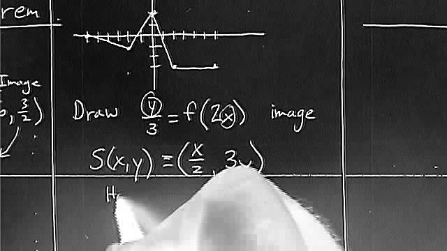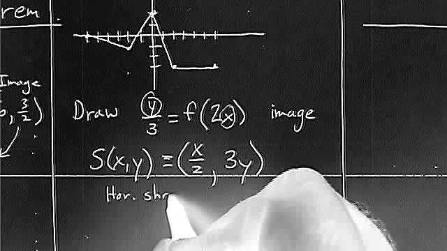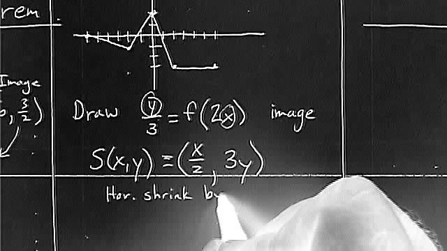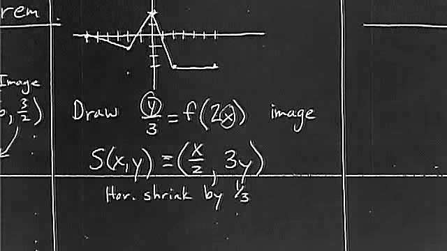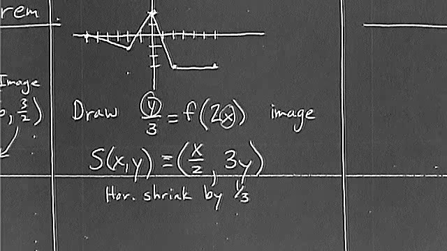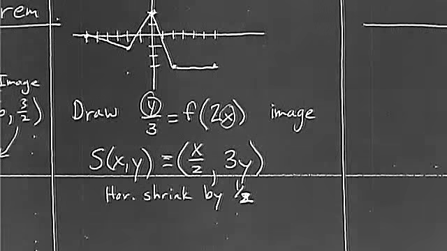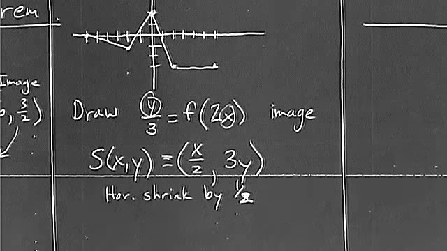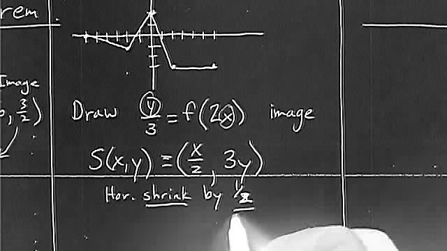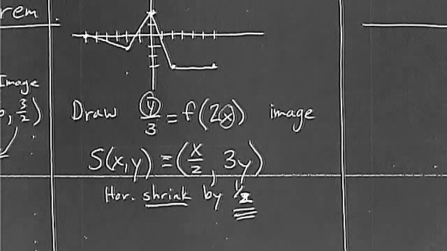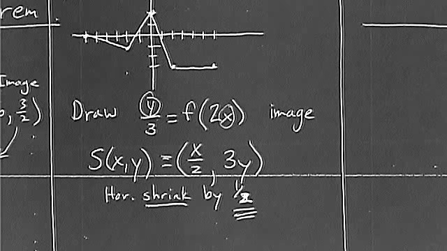So this is a horizontal shrink by 1/3. Now, oh, sorry, 1/2. My apologies. When you use the word shrink, you are guaranteeing to me that the number that will follow it will be smaller than 1.